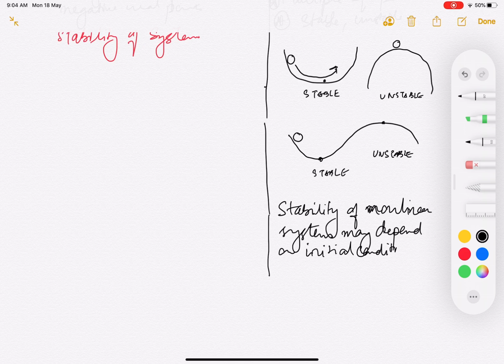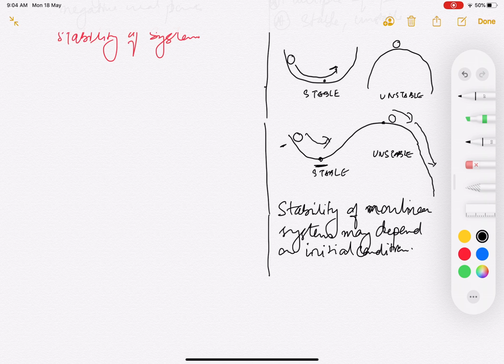And why is that? Say for example, in this example, this is something that is going down, right? If our ball starts from here, then it is going to stabilize around this equilibrium position. But if the ball starts from here and goes down the hill, then it has no chance of coming back. The displacement of the ball is continuously increasing with time, so the system has become unstable.